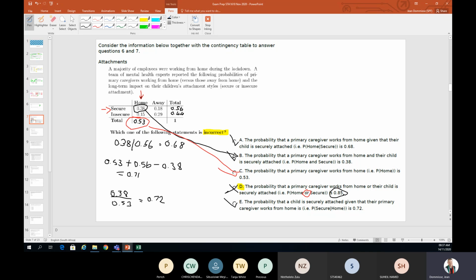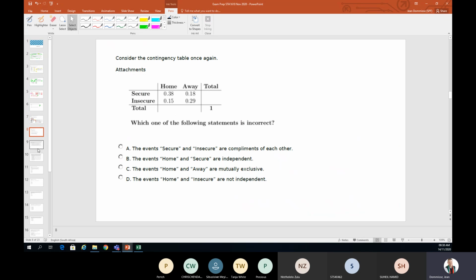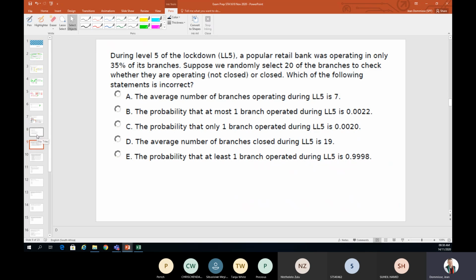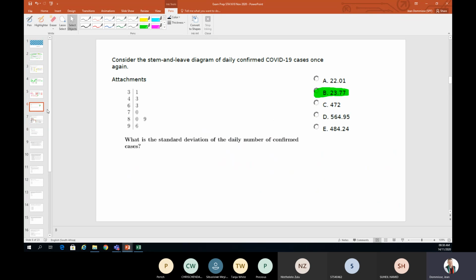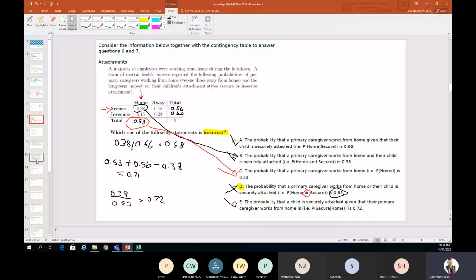So let's just do the next one and then have a quick check-in with everybody. So again, giving us this table, and it's interesting, some of the questions have 4, some of the questions have 5 answers.